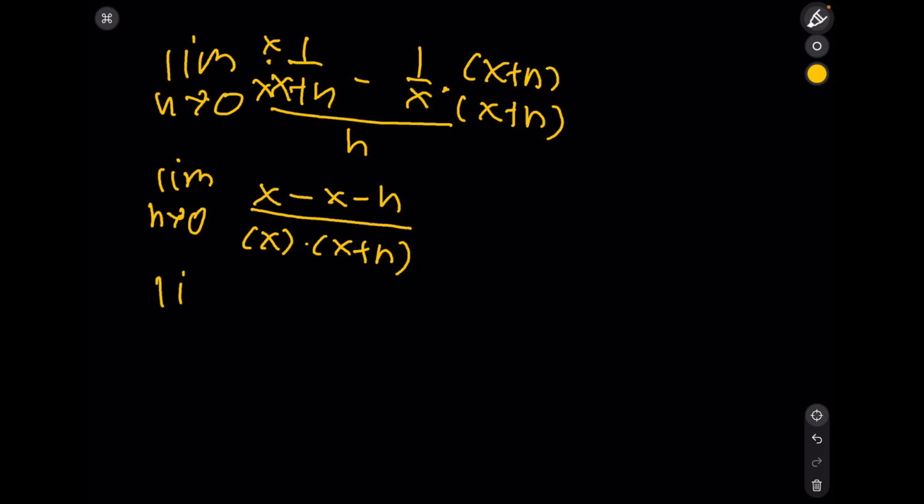And so from here, you're able to cancel out the x's, so that just becomes 0, and you're just left with negative h over x times x plus h.